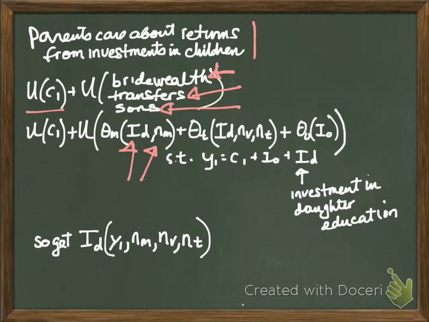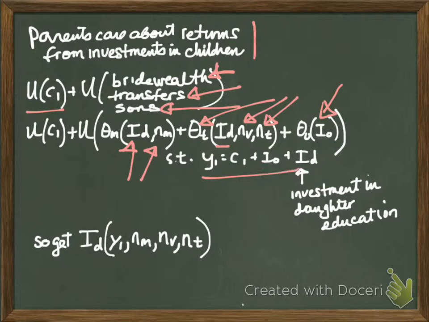The returns to the parents might depend on the transfers, so we might have a transfer function that depends again on the investment made in the daughter, then depends on the norms of viri locality that might be present, how far is the daughter likely to move away, and might depend on the norms about how much daughters need to take care of their parents. Then finally, we have the opportunity cost of investing in daughters, which is investing in sons.